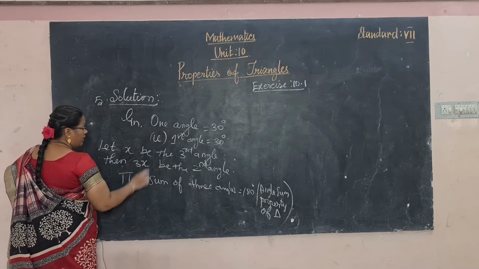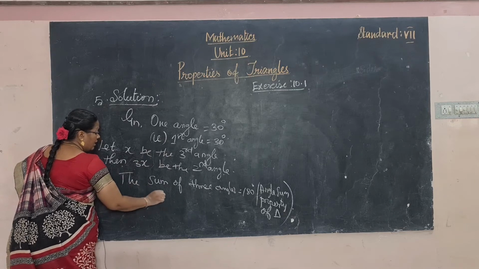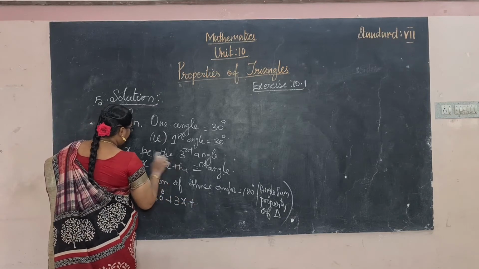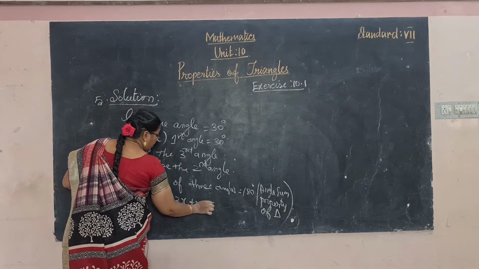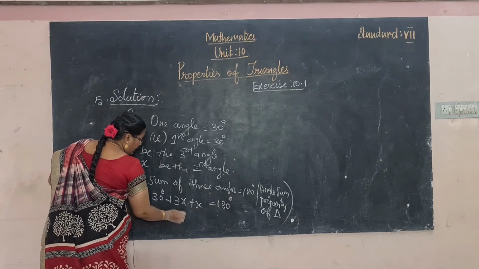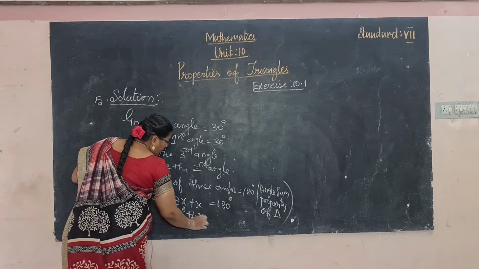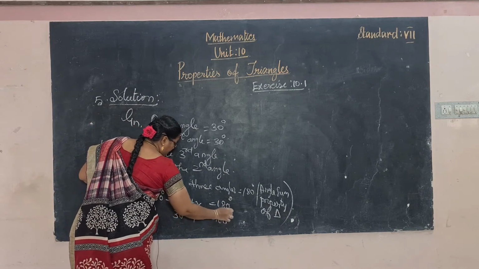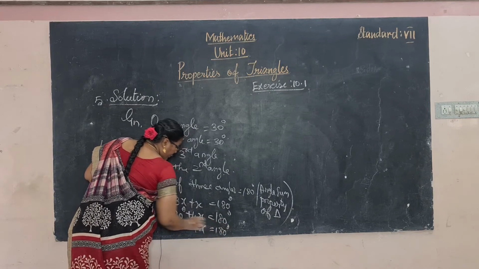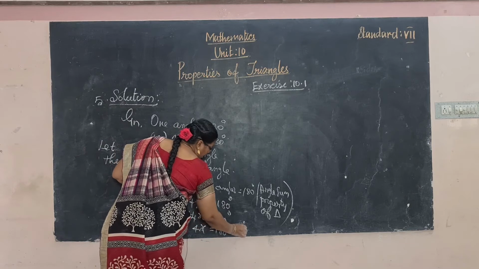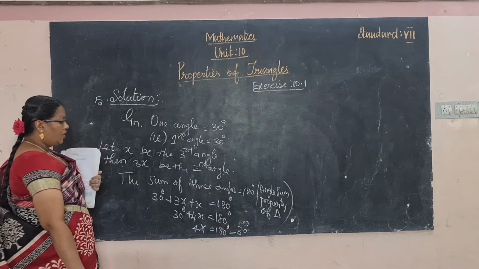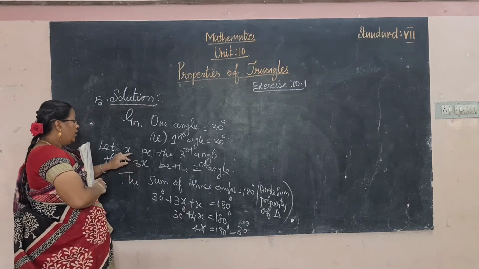So the first angle is 30 degrees, the second angle is 3x and the third angle is x, and the sum is equal to 180 degrees. Adding these angles, 30 degrees plus 4x is equal to 180 degrees. So 4x is equal to 180 degrees minus 30 degrees. Do you understand why we take 3x here?